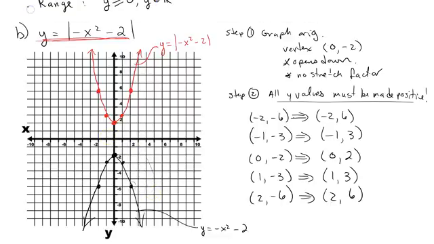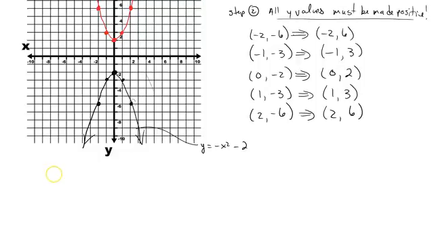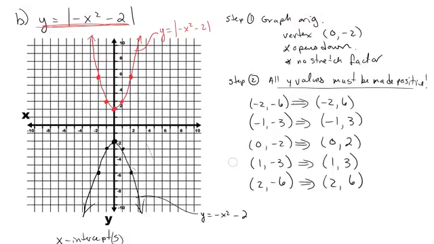Let's just finish off the question by identifying the x-intercepts, the y-intercepts, the domain, and the range. So we're just discussing the absolute value function parabola here. So we're noticing that there are none.